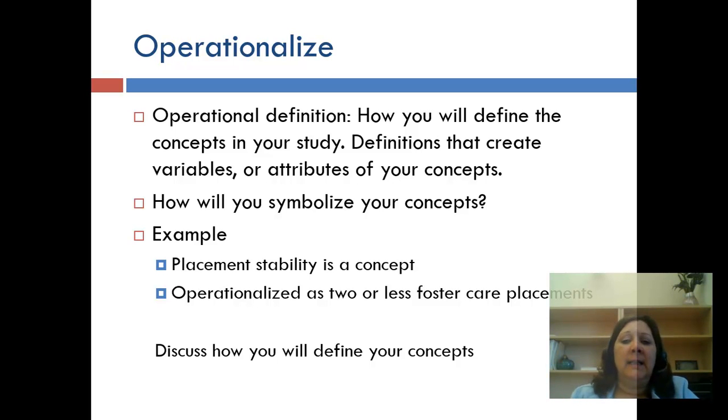In my study, I decided a child had placement stability if they had 2 or less foster care placements. So foster care placement is a home that they go to live in when they can't live with their parents. So I decided that if over a period of time a child had 2 or less of those homes, then they had achieved placement stability. So you guys have to define your concepts in your research question. So you want to think about that and spend some time as a group doing that.